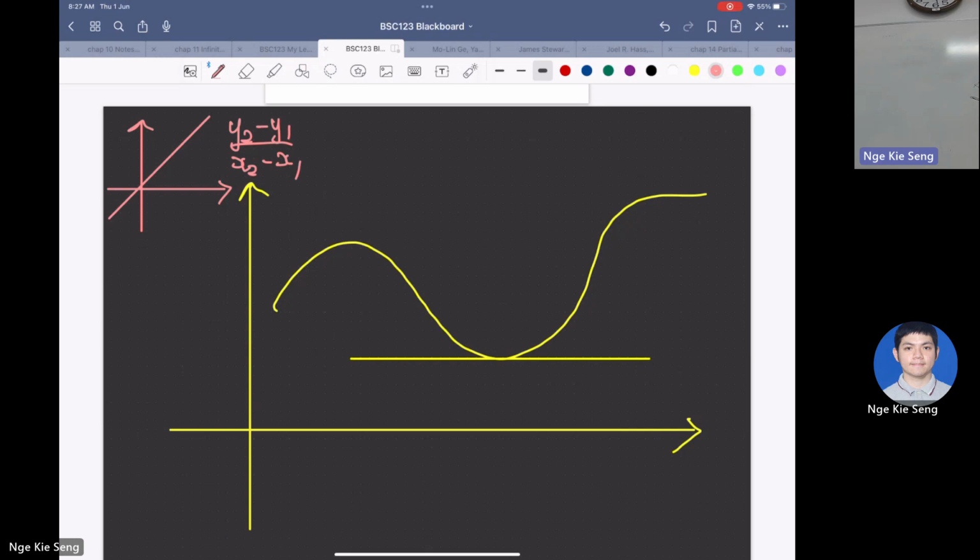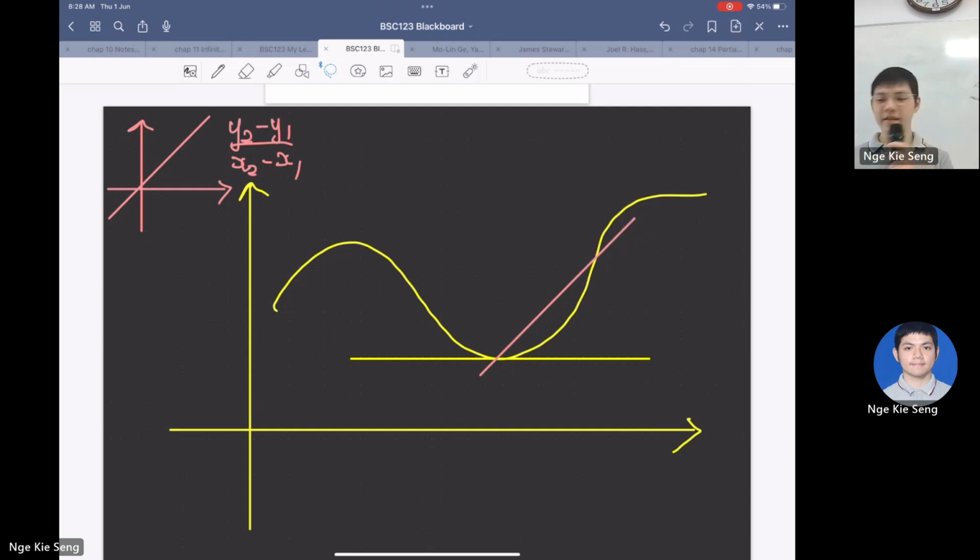But on the curve, we don't have this line. So where do we find the line? We find a nearby point to create this secant, this straight line here.